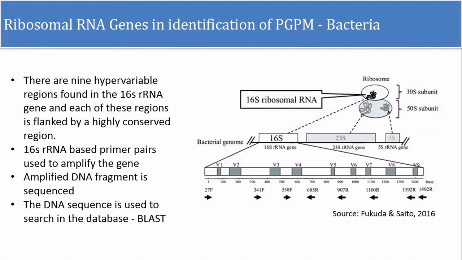For instance, some of the regions can cover the microbial diversity or bacterial coverage up to 60% or 70%. But for the identification of a particular bacteria, I would suggest you do the whole gene sequencing of the 16S rRNA gene.